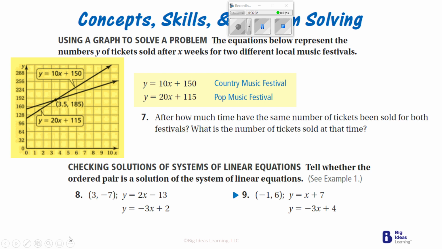You could check this very easily by using these numbers. If x is 3.5 and y is 185, I can say 185 is equal to 10 times 3.5 plus 150.